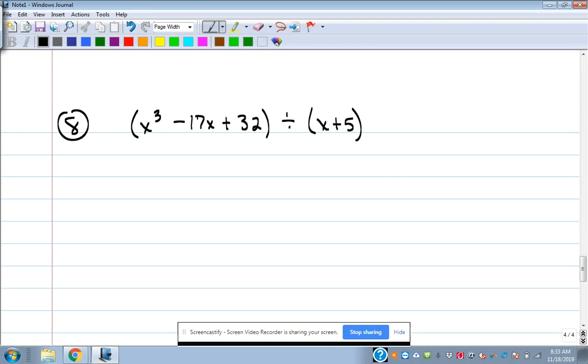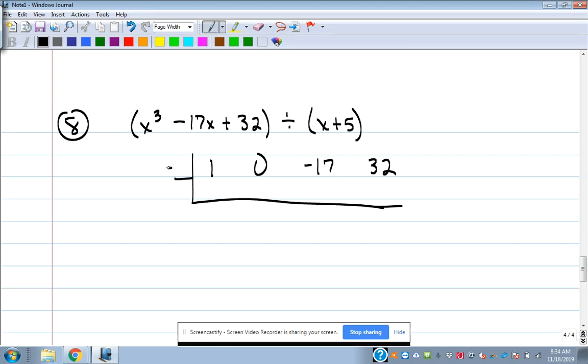x cubed minus 17x plus 32 is divided by x plus 5. So when I set up my synthetic division for this, I'm going to have a 1x cubed, a 0x squared, negative 17x, and 32. Got to put that 0 in the place of the missing term.